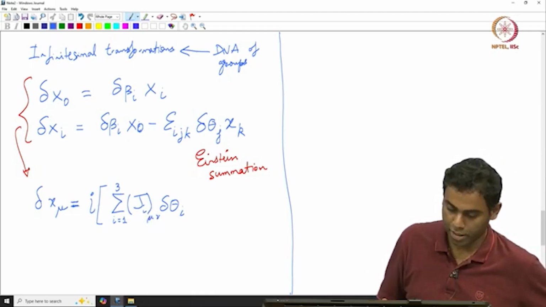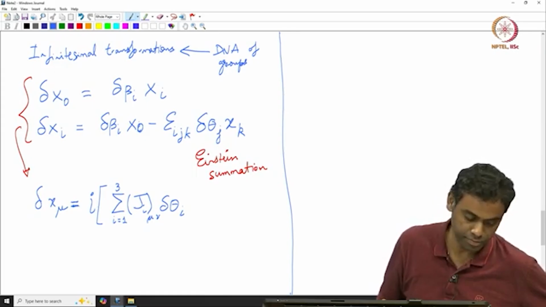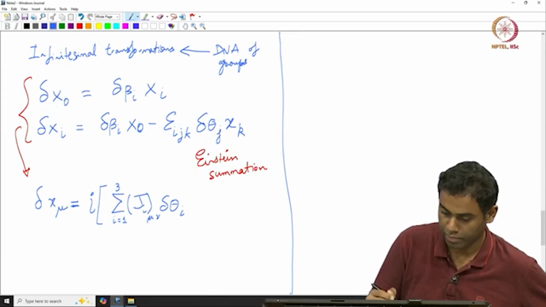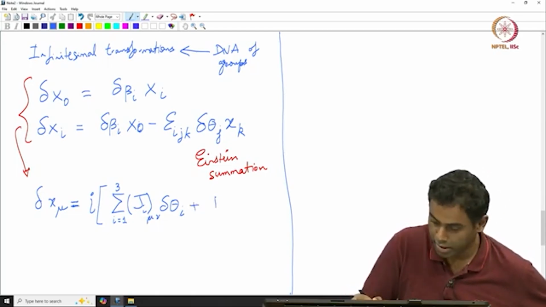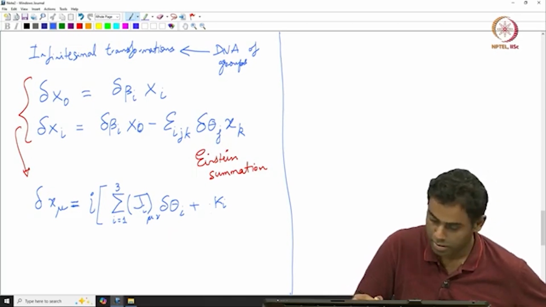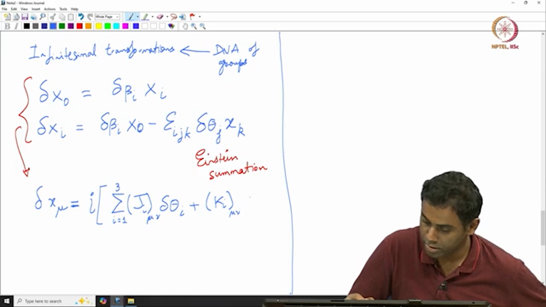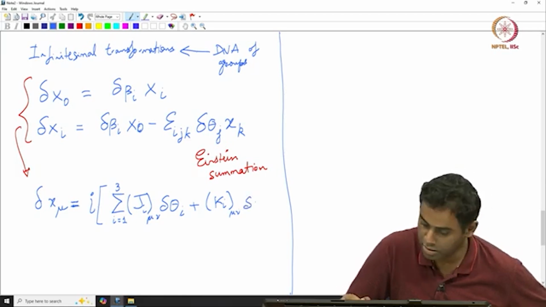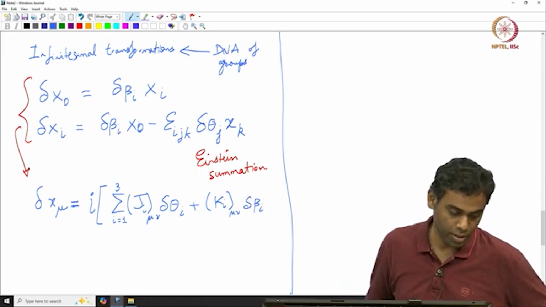and of course I am going to put the Lorentz indices on the matrix, plus k i, again I am going to put the Lorentz indices on this matrix, then I have a delta beta i.